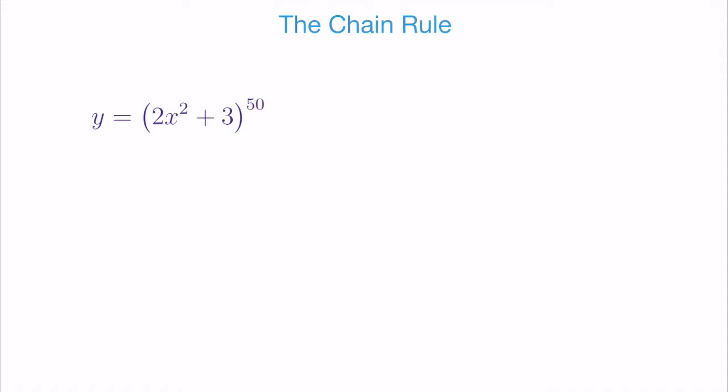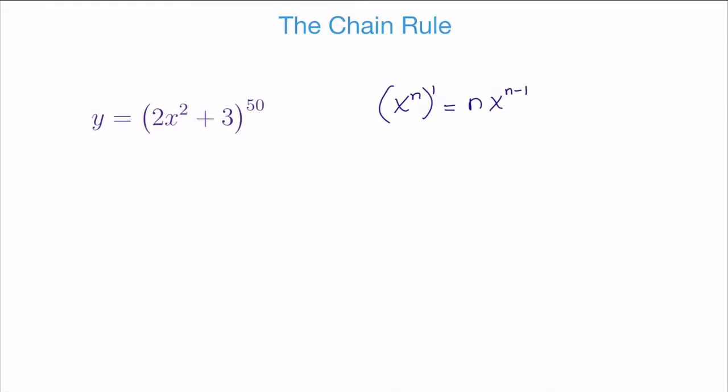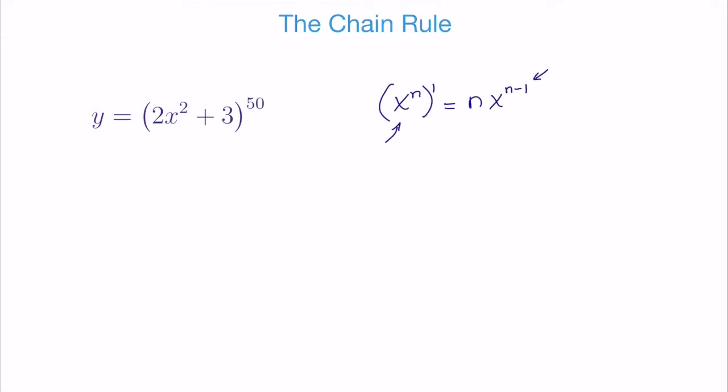The power rule tells me that when I derive x to the n, that is n x to the n minus 1. But the power rule works only when you have x in the base and a number in the exponent. But we can view these as a composition of functions. This could be a function u of x inside the function that raises to the 50th power. And here is when the chain rule comes in.